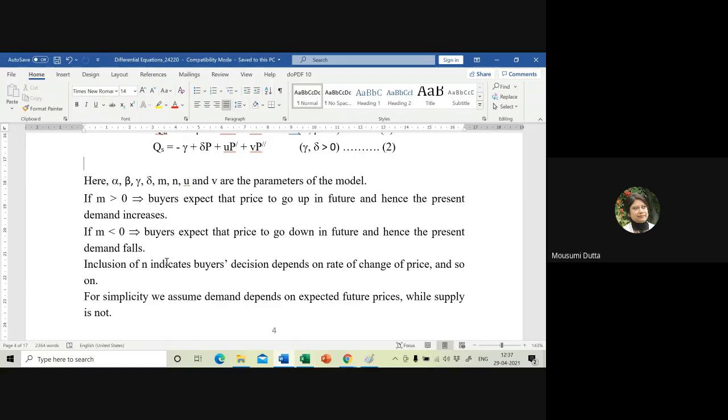However, once I complete this model, you have to do it on your own when suppliers also depend on U and V, that is, the future price and the rate of change in future price. You will accommodate that and derive all the results that I'll derive now.